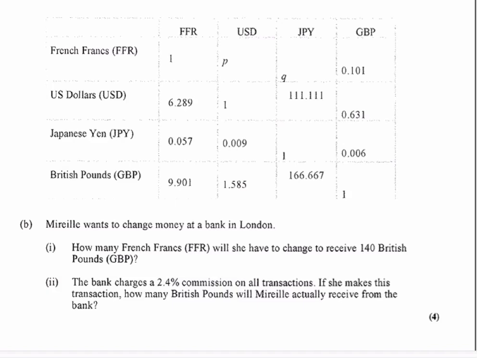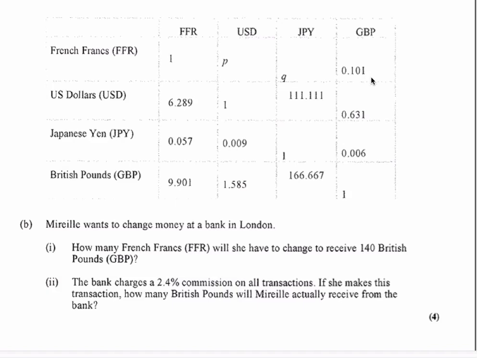Okay, next, Muriel wants to change her money back at a bank in London. How many French francs will she have to change to receive 140 Great British pounds? If we take a look over here, 1 French franc is 0.101 Great British pounds.